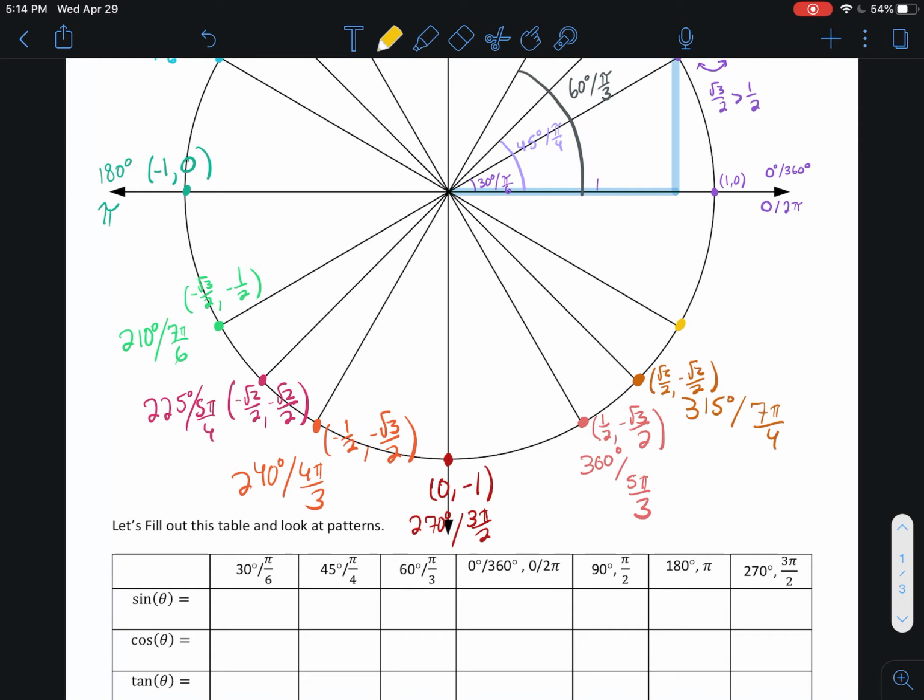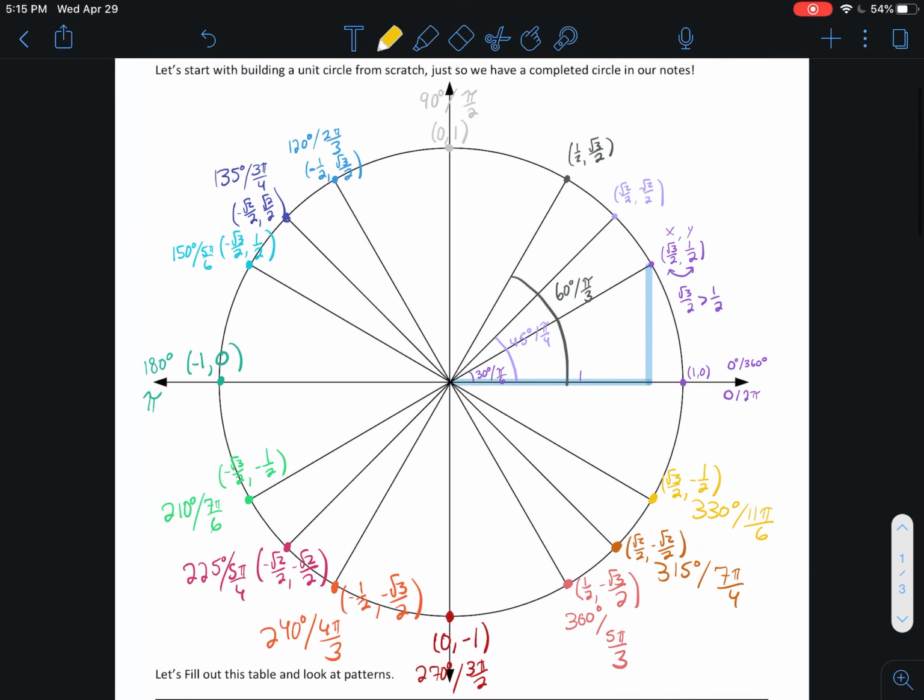And then the last one right here is 15 more degrees, so that's going to give us 330 degrees, which is our last pi over 6, so 11 pi over 6. And then that point is radical 3 over 2 in the x direction, negative 1/2 in the y direction.